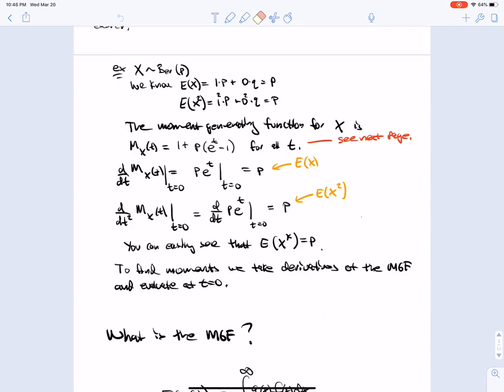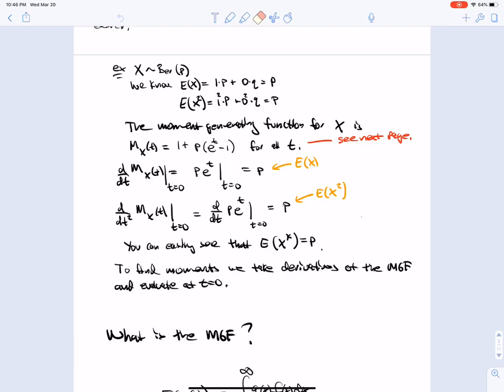We'll see shortly that the moment generating function for Bernoulli p, which is a function of t, a real number, is 1 plus p times parenthesis e to the t minus 1. If we take the first derivative of this and set t equal to 0, we easily see that we get p.